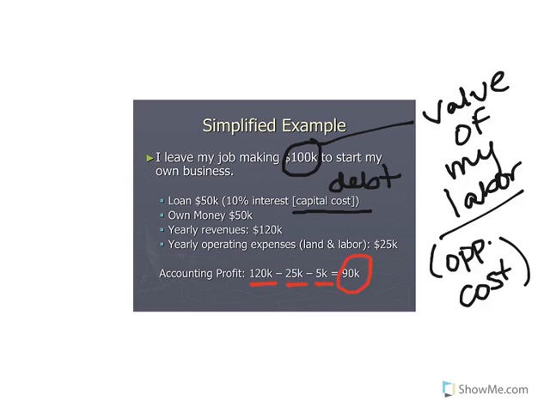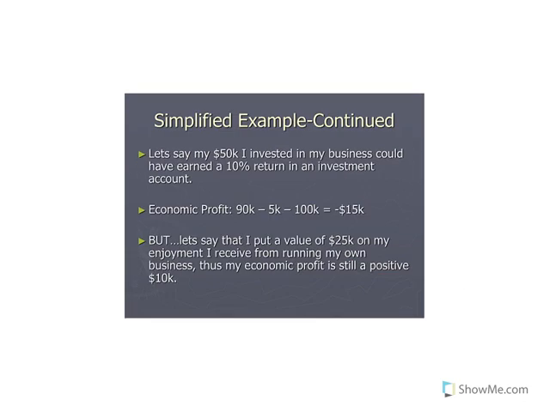So it looks pretty good, but what I really want to look at is the value of my economic profit. I want to look at the opportunity cost of anything that was used in the business that was not accounted for in the accounting profit. So again, let's look at that $50,000 that I took out of my own bank account to put into the business. If I had not taken that money out of my savings account and put it into the business, then hypothetically that would be sitting in the bank earning interest.